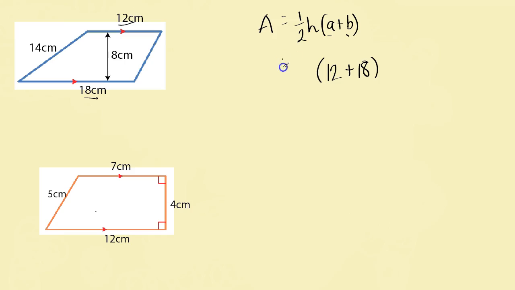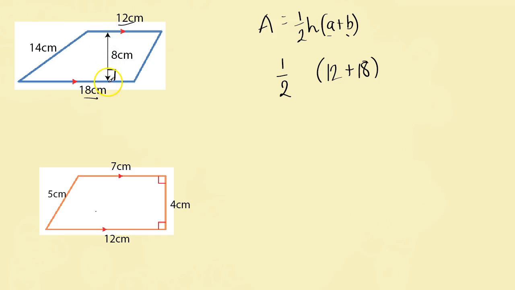Half is going to stay the same. That's going to be true for every question. And the height. Now I have to choose between which one of these measurements, 14 and 8, is the height. So a way to help us identify this is to remember that height has to be perpendicular to the two parallel sides, so it has to make a right angle with it. Which is true of 8.